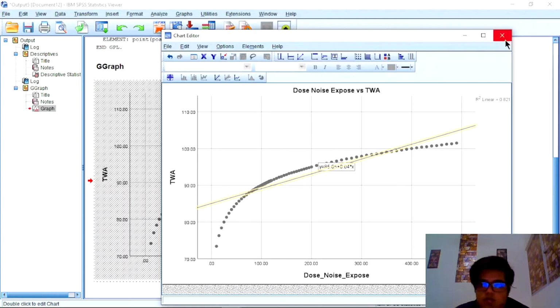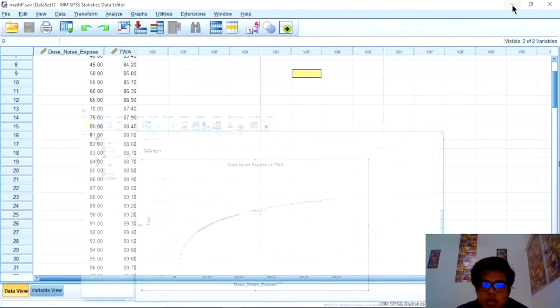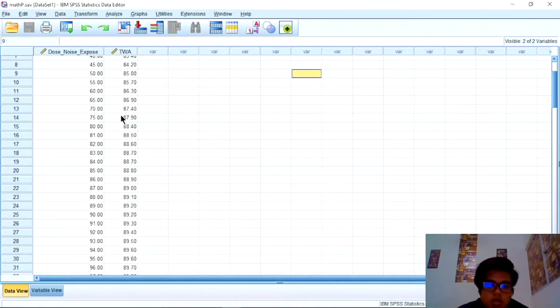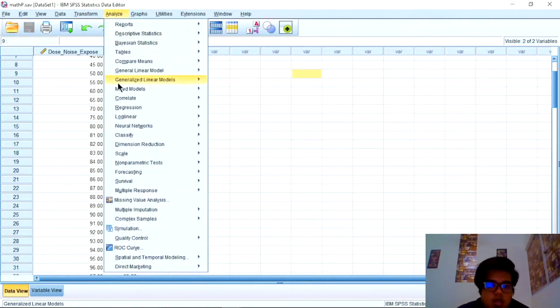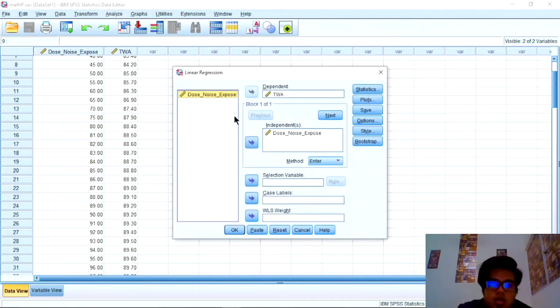So next, assuming a linear relationship, use the least square method to find the simple linear regression model. Okay, then we go back to the data. So to find the linear relationship, we choose Analyze and then Regression, go to Linear, and then for dependent, we enter time weighted average.